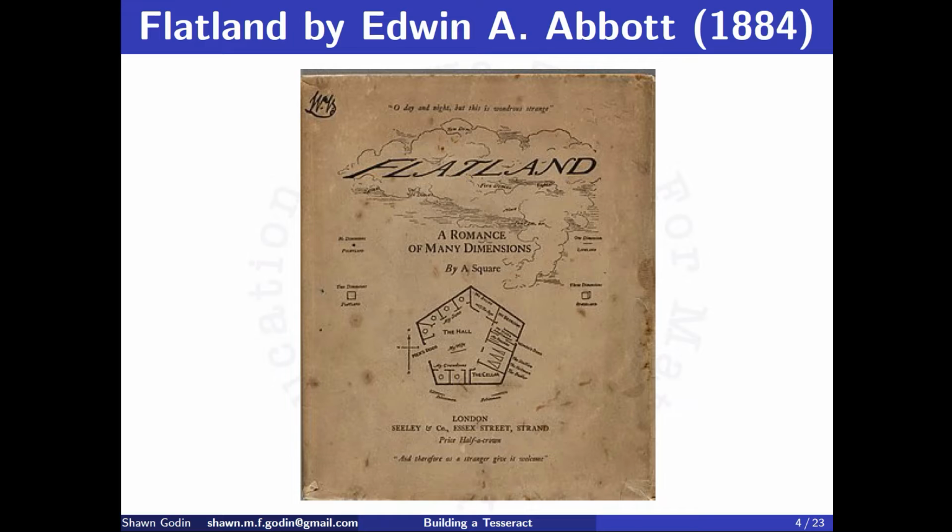And later on in the book, the square actually takes that analogy one step further to envision what a four-dimensional cube would look like, even though the sphere rejects that there would be a fourth dimension. So let's take a look at the argument that they presented.